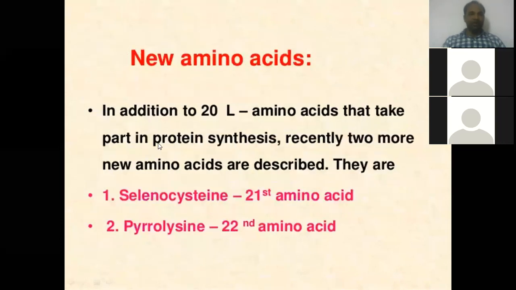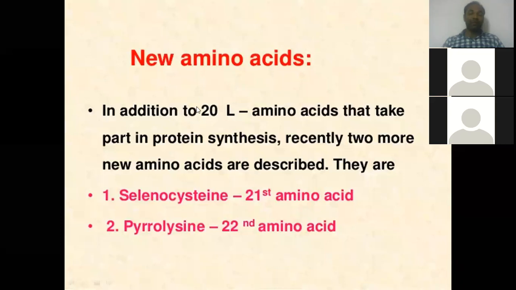Now, other than these 20 amino acids, मैंने आपको कहा था कि after the invention of 20 amino acids के बाद में और 3 ऐसे amino acids discover हुए हैं जो protein synthesis में participate करते हैं.